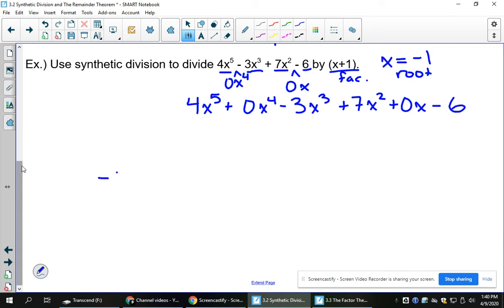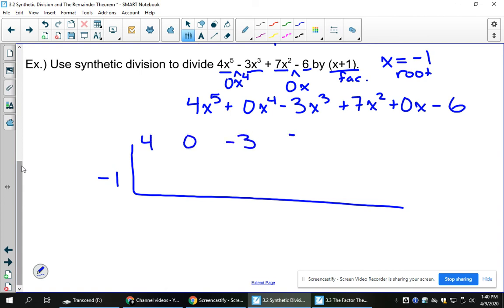I'm going to put the root down here. I'm going to put my coefficients with my zeros as placeholders in the top row. I'm going to pull down my 4 and start the process of multiplying, writing it in the next spot, and adding vertically.